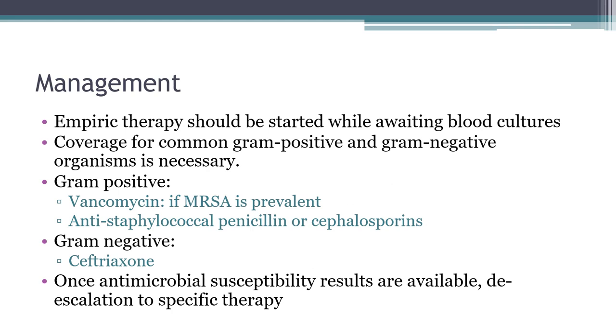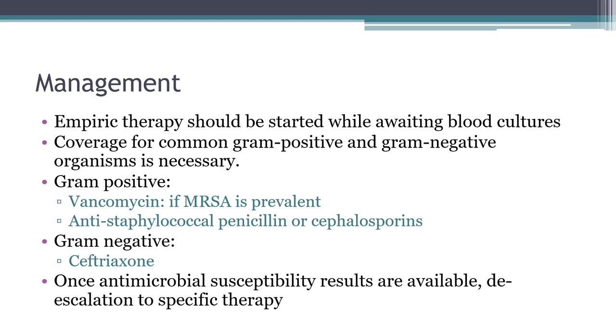Regarding CLABSIs in general, it is recommended that empiric treatment is started to cover both gram-positive and gram-negative organisms while waiting for the blood cultures, and not when the results of the blood cultures are positive. For gram-positive, we can cover with vancomycin, specifically if MRSA is prevalent.